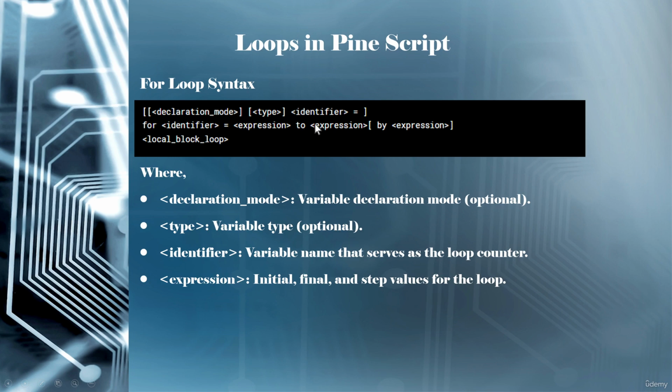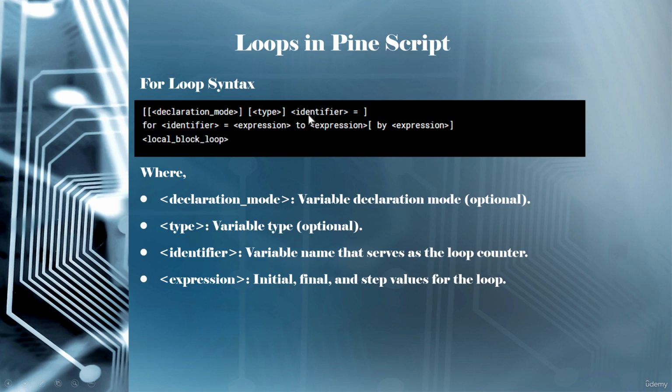declaration mode, type, identifier, equal sign, for, identifier, equal expression to expression by expression, and a local block for the loop, where declaration mode is a variable declaration mode and it is optional. Type is a variable type, it's also optional.